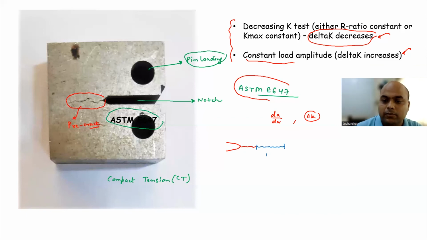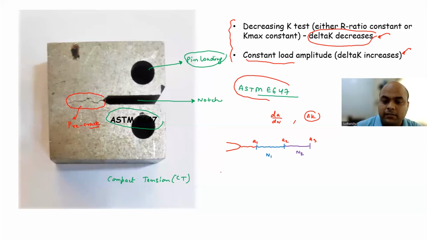Then I did it again, up to N2, to another length. The crack length was initially A1, now it's A2 and then A3, right?